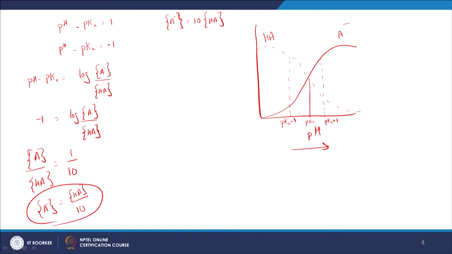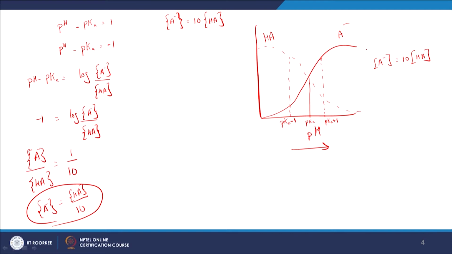So, what do we observe? We observe that there is a tenfold increase or decrease in the relevant speciation. So, as in at this particular point, what do we see? We see that the A minus concentration is almost 10 times that of HA. Obviously, the graph is not to scale, that is why you are unable to understand that here.